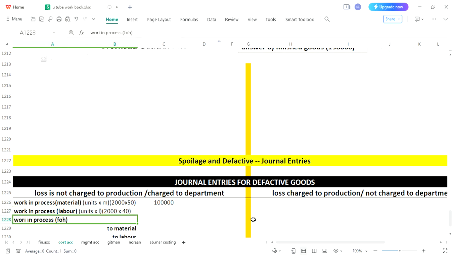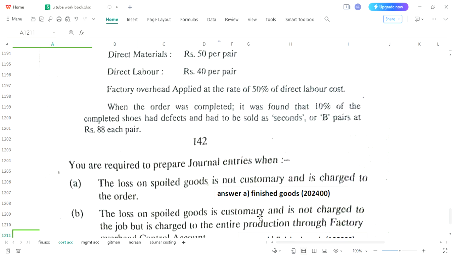Now the third point would have a formula as well. Number of units would be multiplied by the per unit cost of FH. Number of units would be the same, 2000, and we will now see how much the per unit cost of FH is. Factory overhead rate is 50% of labor.